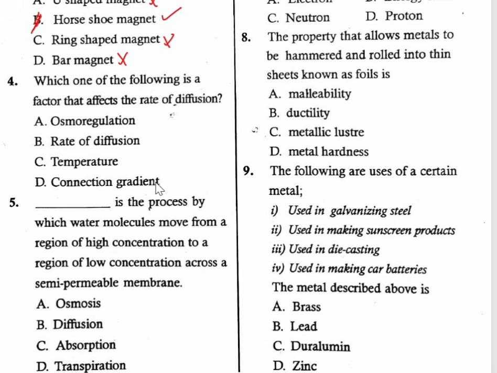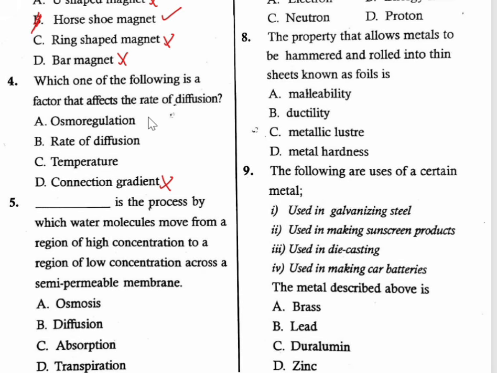Which one do you think is a factor that affects the rate of diffusion? Let us start. Concentration gradient is not the correct term as written. This is an incorrect term. So we don't have something like that, and therefore that is not the correct option.